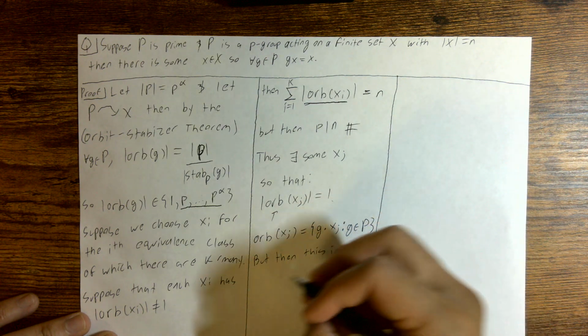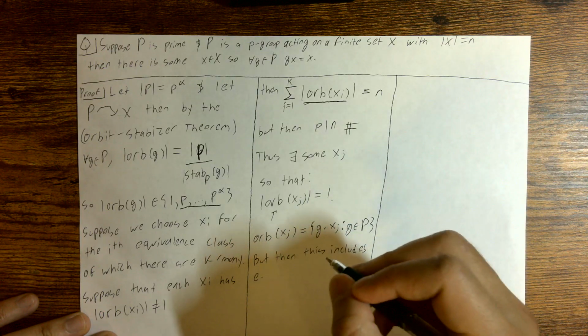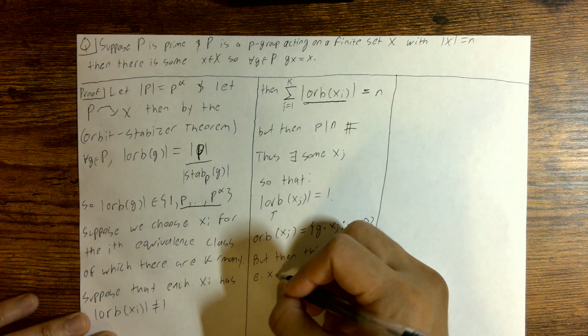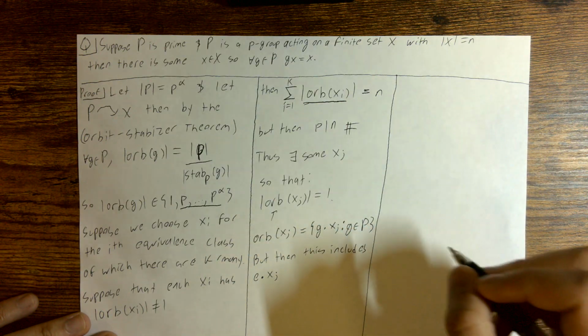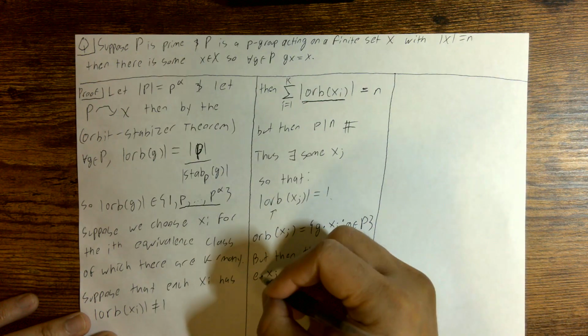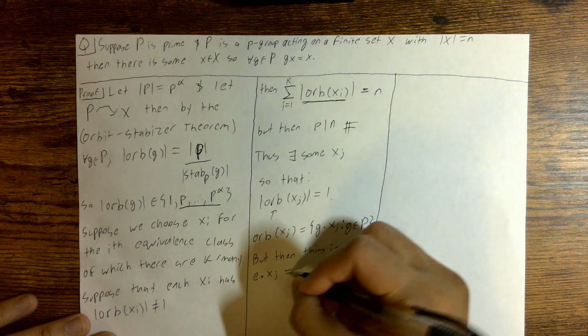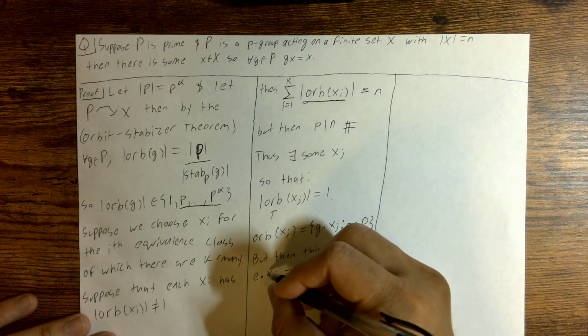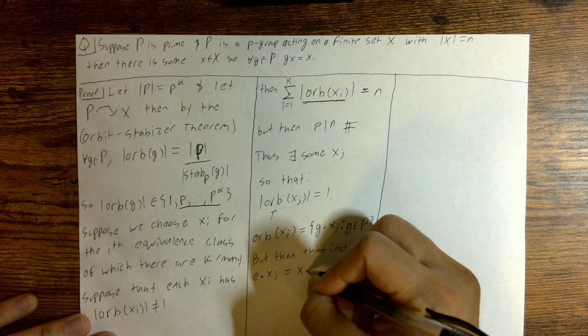This includes e times xj. I should say e dot xj, that is the action, which is equal to, by definition of action, xj.